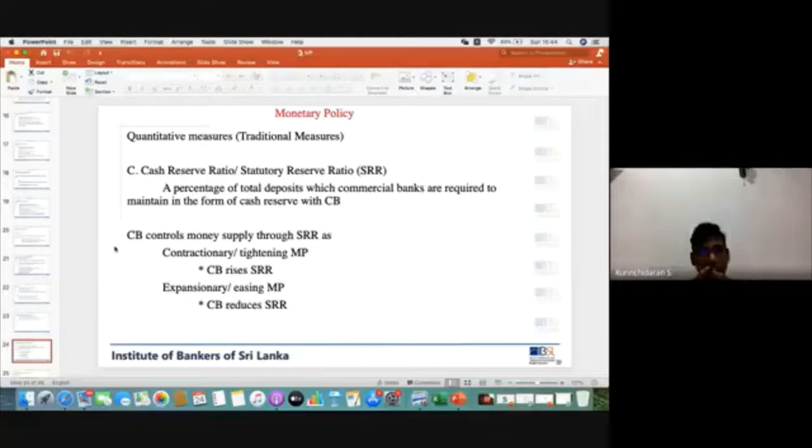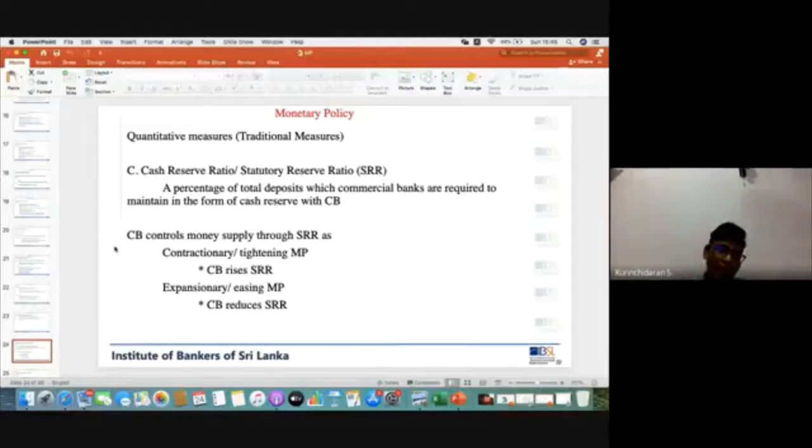So the central bank is going to expand the money supply, and for that the central bank reduces SRR. Then you keep only a little money in the central bank with respect to your deposit value, and you are going to lend more money, right? So this is one of the quantitative measures central banks follow.